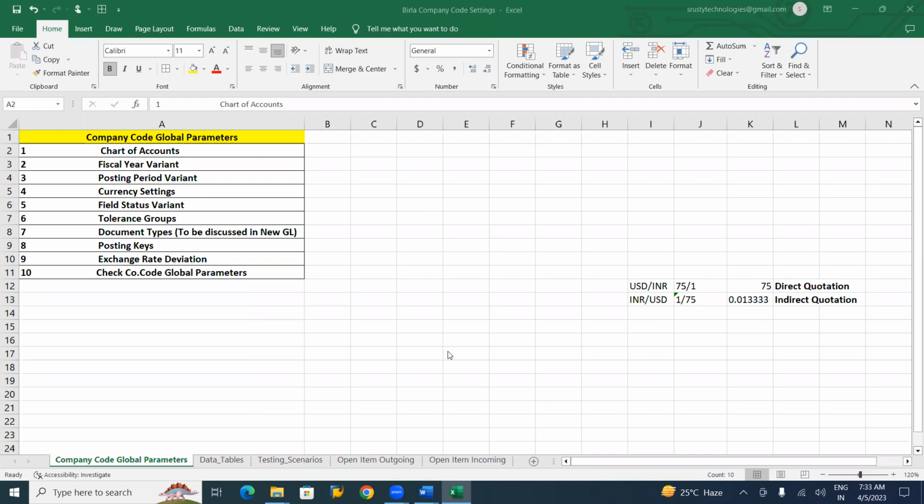So write down, first of all, chart of accounts. First is company code global parameters. First point, chart of accounts.